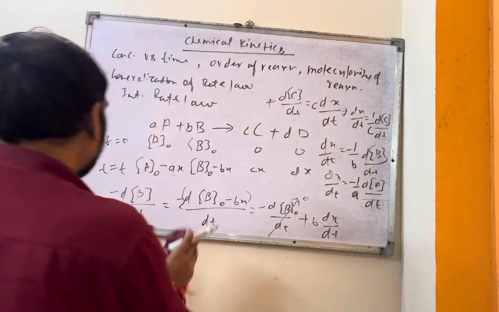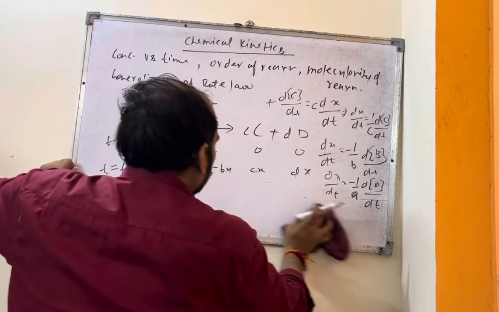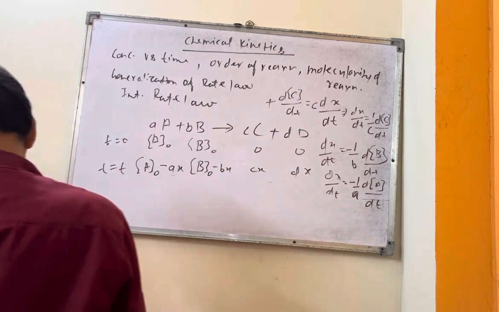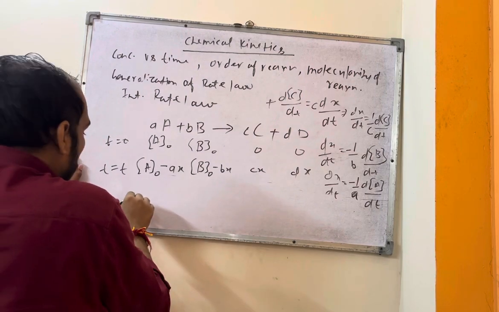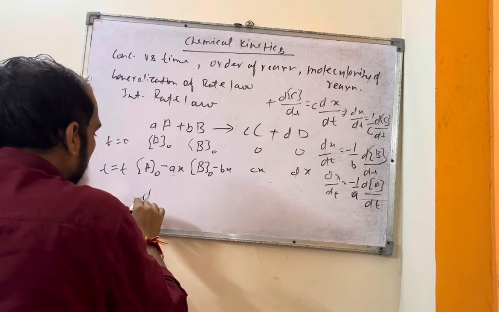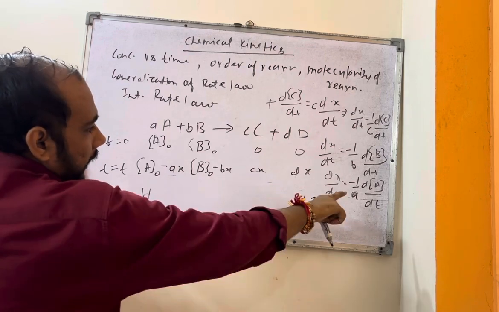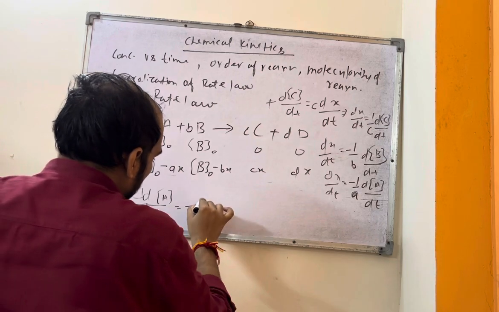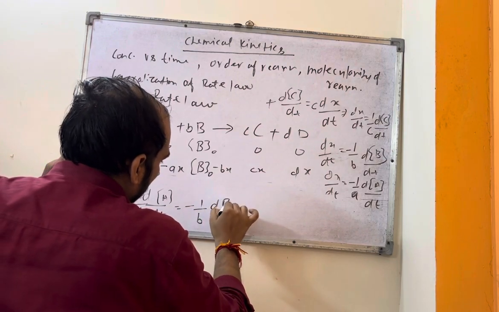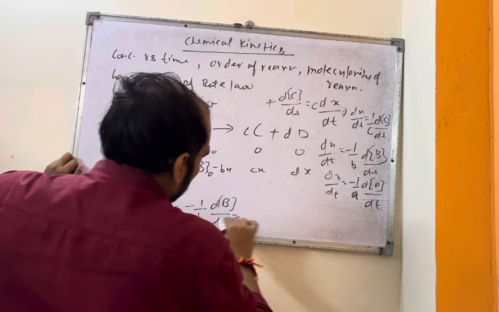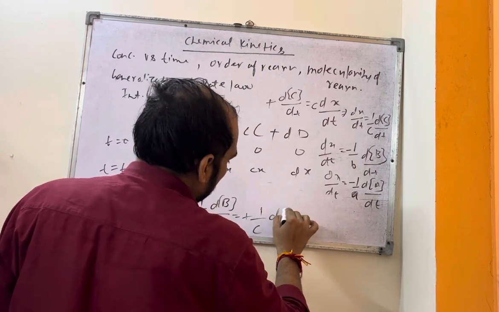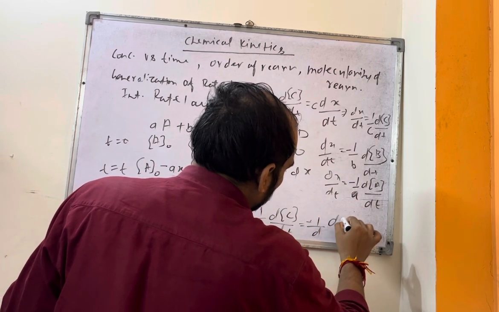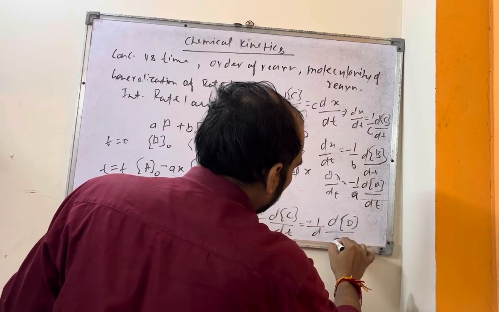We'll get a general equation that will be called the general rate law equation. That is minus 1 upon a dA by dt is equal to minus 1 upon b dB by dt is equal to plus 1 by c dC by dt is equal to plus 1 upon d dD by dt.